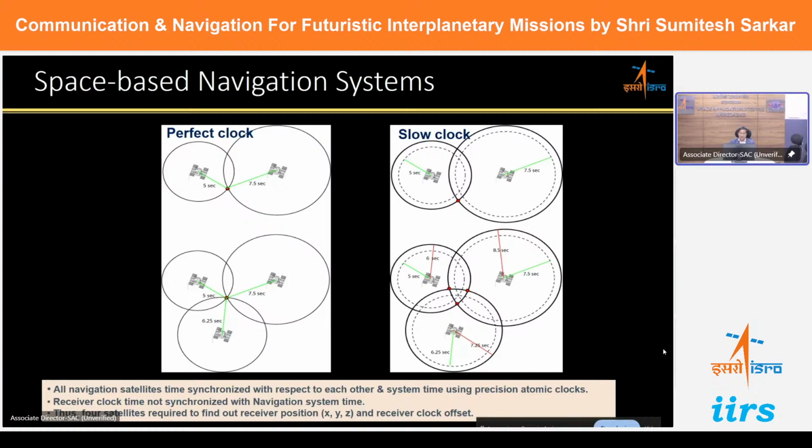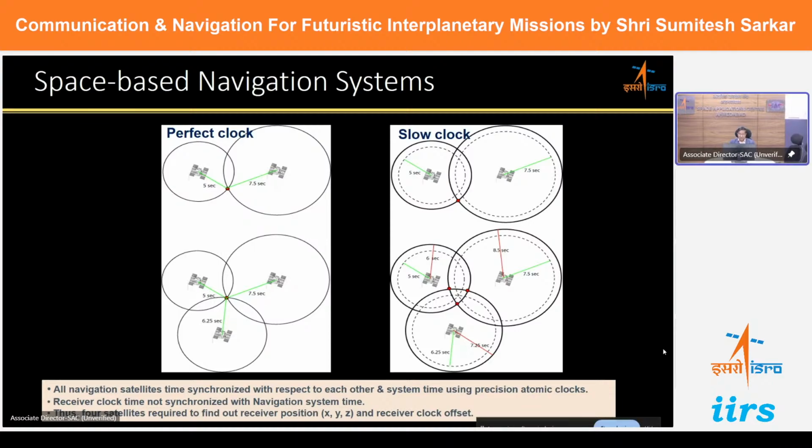But the issue here is calculating the time, because your clock may not be synchronized with the clock of the satellite. If there is any difference, that will introduce an error into your calculation of the distance, the range, as it is called.